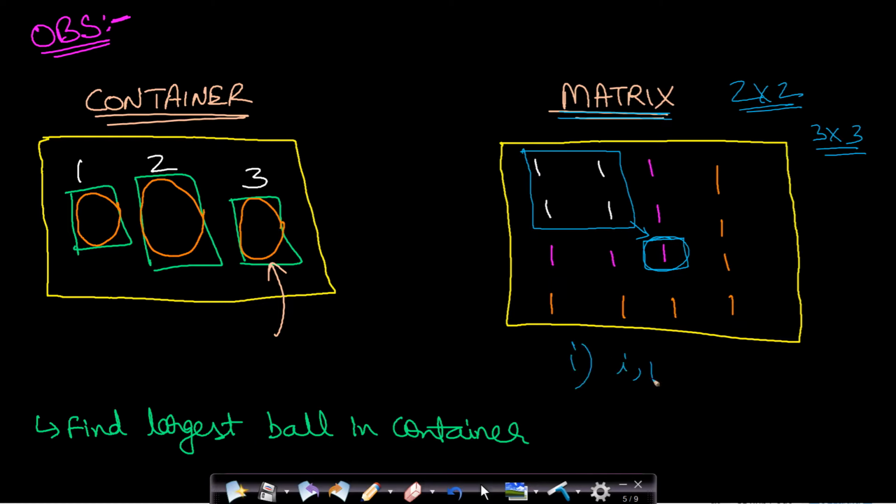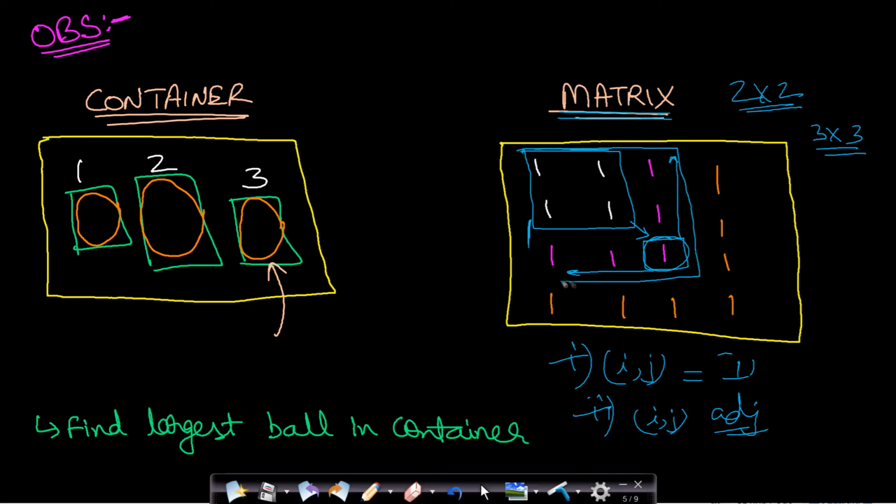The current index ij should have value 1, and the second condition is that this ij should be adjacent to this current square matrix. If these two conditions are satisfied, then we will have to check if this column has all ones up to this length, and if this part of the row has all ones till this part. If this is true, then we can extend this square matrix to include this current one as well, and from size 2 by 2 it will reach a size of 3 by 3.